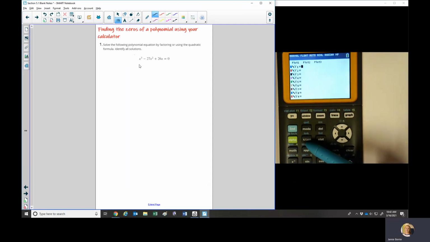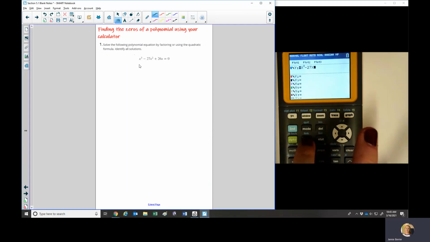You can see the variable x is right here, by the alpha button. So we're going to hit x. We're going to hit the caret down here, the very bottom of my screen. There we go. So the caret to the third power. Go ahead and use the arrow to get out of the exponent. Minus 27x squared plus 26x.